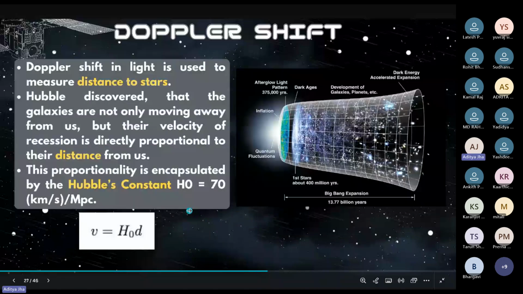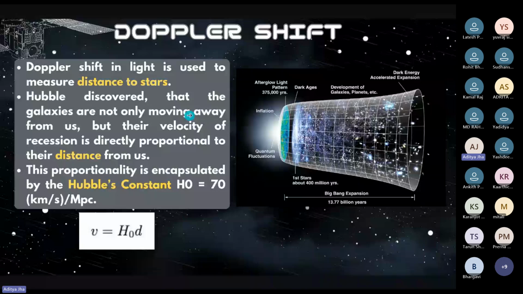Another application of Doppler shift is how we use it to measure the distance to stars. Hubble, who made Hubble's law, discovered that galaxies are not only moving away from us, but their velocity of recession is directly proportional to their distance from us. This is due to the expansion of the universe: as the universe expands, everything is moving away from each other.